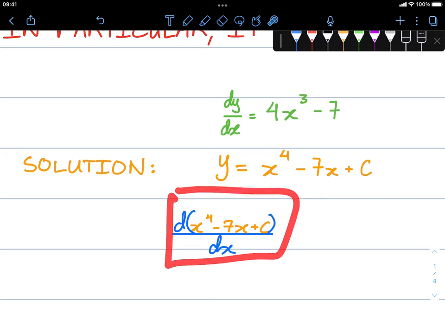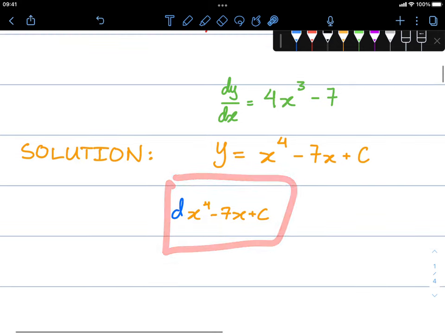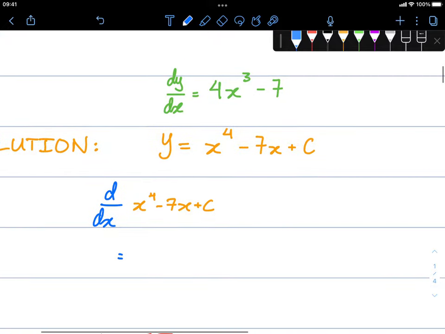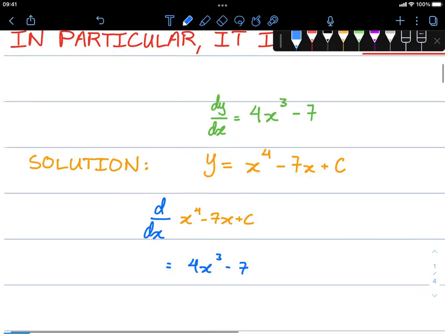Now this may look kind of strange because we normally write it like so, d on dx of this function, which if we differentiate as normal, we get 4x cubed minus 7.